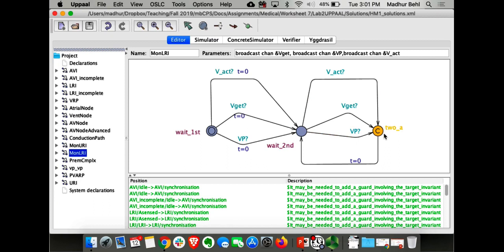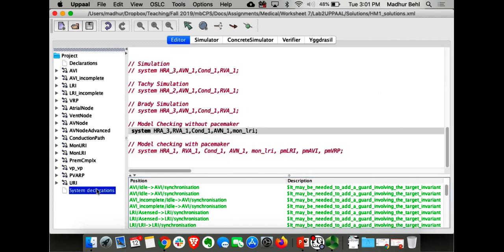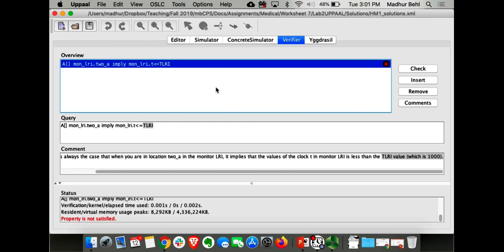What I showed you was, if I create a system which was just normal sinus rhythm, and I tried to check whether there is any case where the time between successive V to V events is greater than some threshold, where the threshold is user designed, in normal sinus rhythm the checker returned no. There is no possible trace.